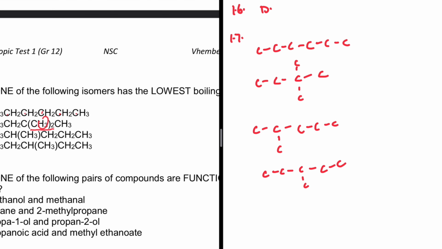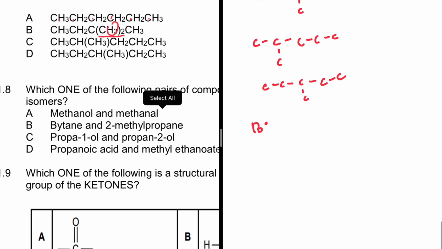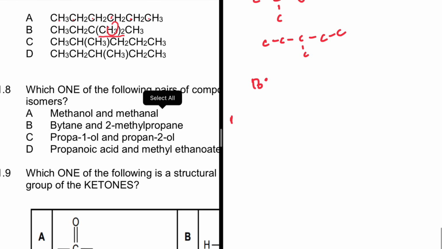We are looking for the isomer with the lowest boiling point. So the isomer with the lowest boiling point will be the one that is more branched, which is clearly B, right? So the answer to 1.7 is B. We know that the more spherical a compound is, the less surface area it has, the lower the boiling point, and so on. Okay, 1.8.